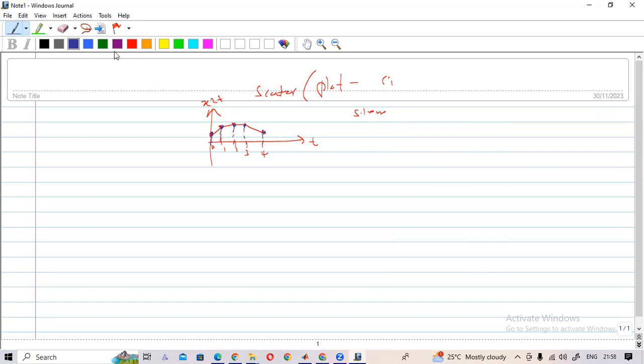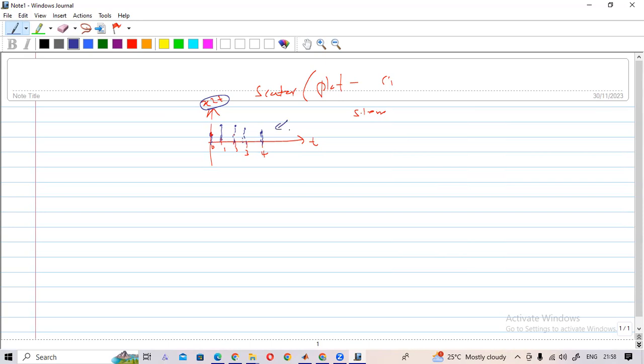Exactly this way we normally represent a discrete time signal graphically. You point out the corresponding amplitude points, then you show the corresponding time value by joining it with the amplitude value.